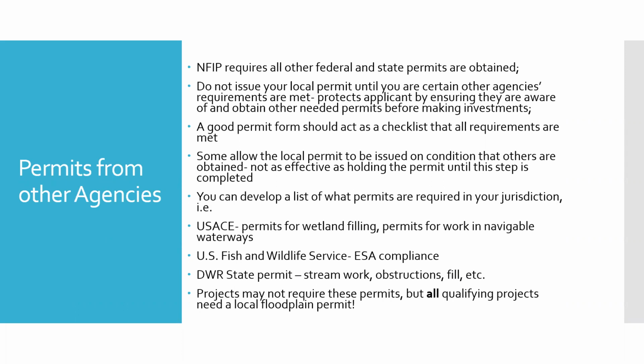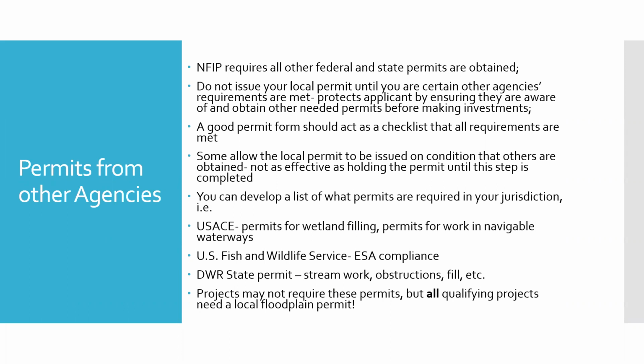And so again, a good permit form should act as a checklist to make sure that these other permits are obtained. And I'll say again, it's better to hold off on issuing your final approvals until you have all of these things. Sometimes it gets approved on the contingency that the other permits are obtained, but it's better to get them first if possible.